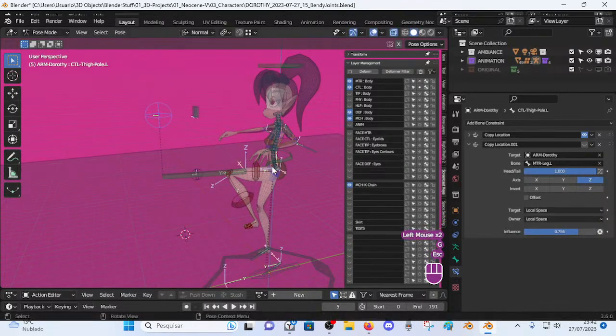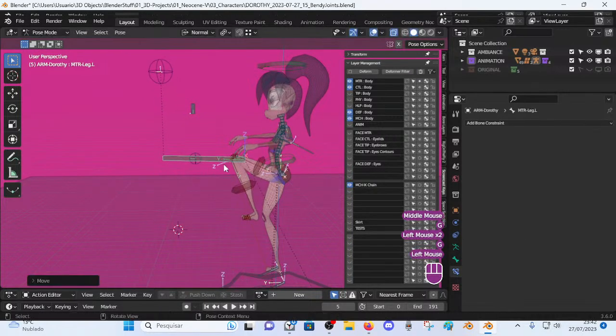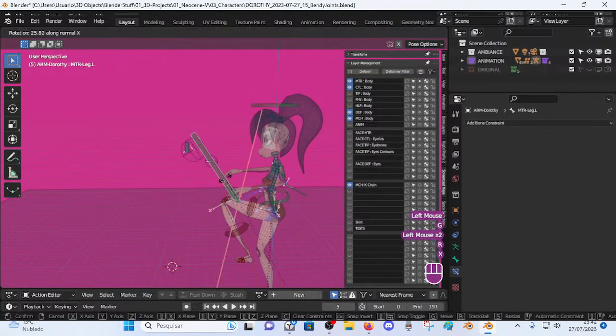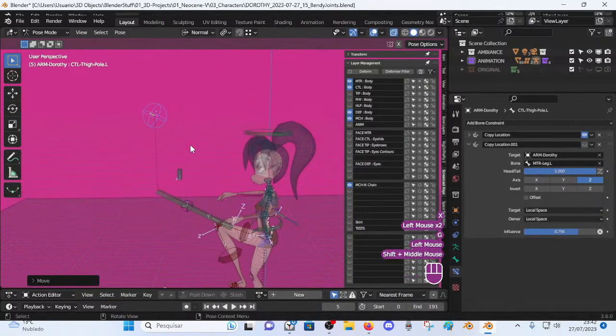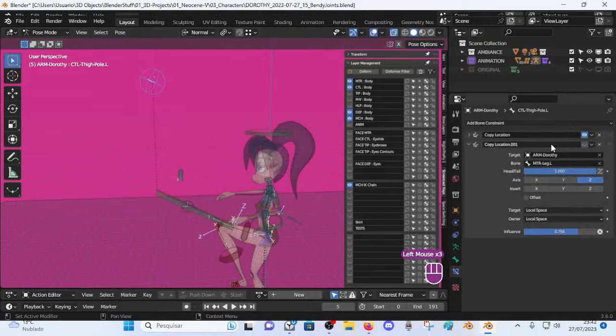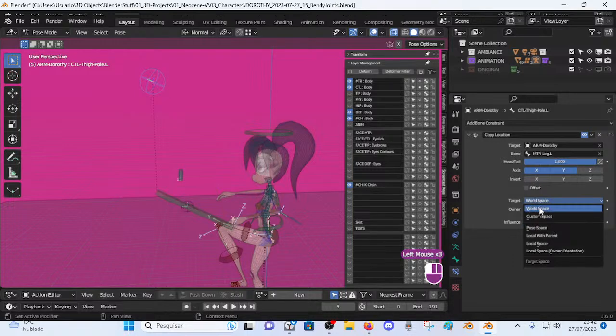I can still change its height. So if I were to do something like that, but it's just the Z and it's world space, so I would have to change even this bone constraint to local spaces, right?